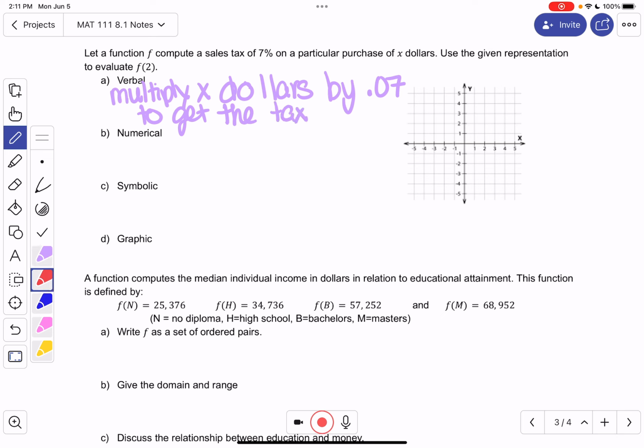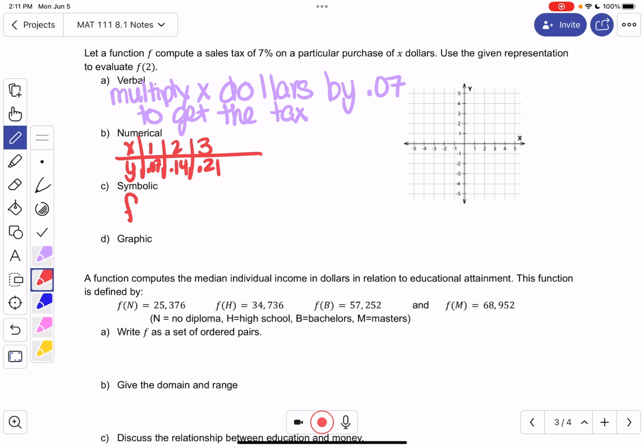Numerical would be a table. So maybe we're going to try $1, $2, $3. So 0.07 times 1 is 0.07. 0.07 times 2 is 0.14. 0.07 times 3 is 0.21, and so on.